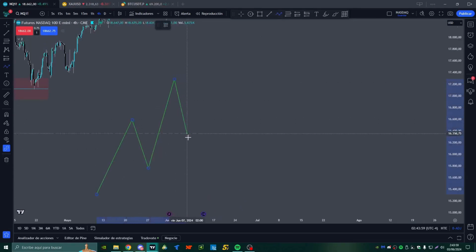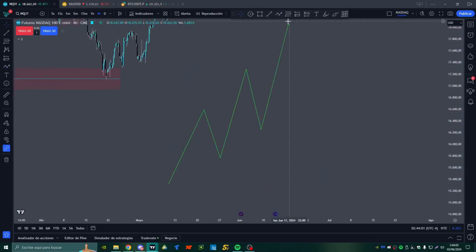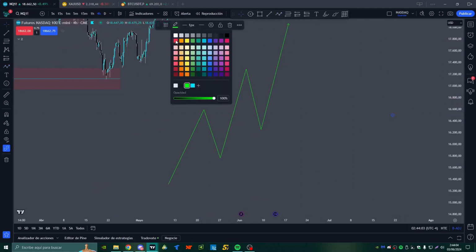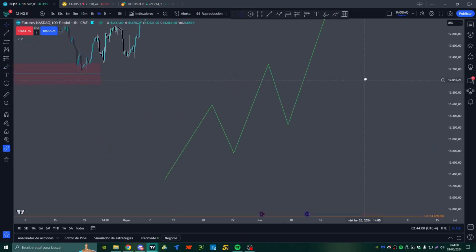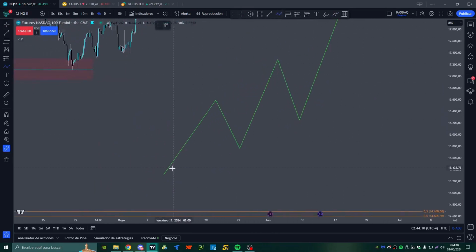I don't want to assume that if green is the temporality of an hour and red is 5 minutes, just because a structural change happened here in 5 minutes, I'm immediately going to go for this low.